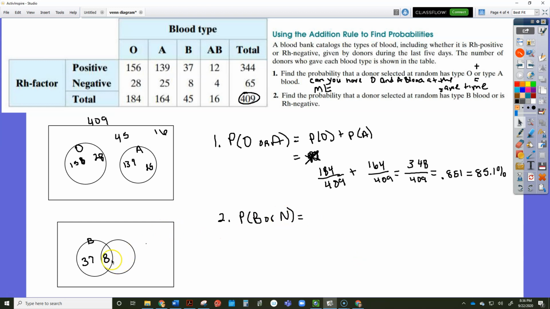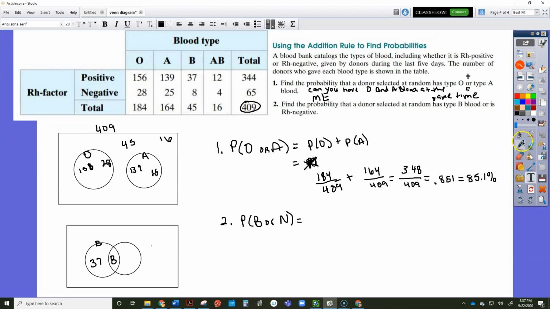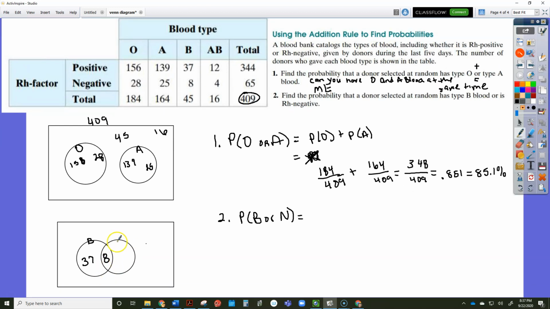So if I take 8 away from 65, then the rest of these over here in this negative, I have a total of 28, 25, that's 53, and then 4 more, that's 57. 57 and 8, that would be a total of 65.